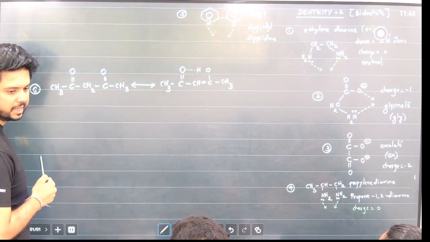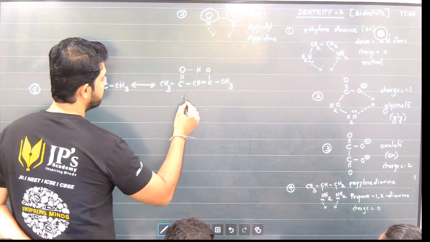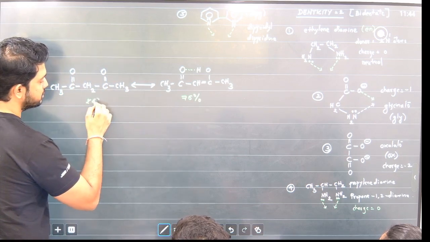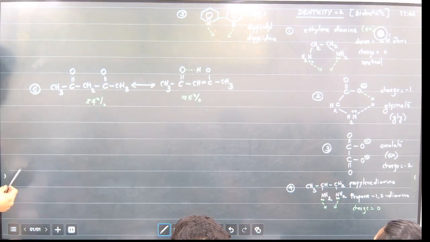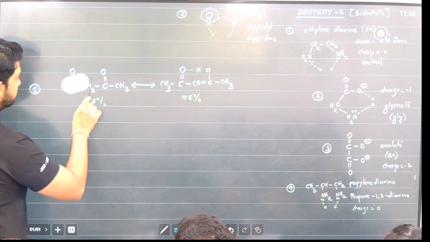There was intramolecular hydrogen bonding, therefore the enolic form was around 76% and the keto form was around 24%. याद है ये कुछ?